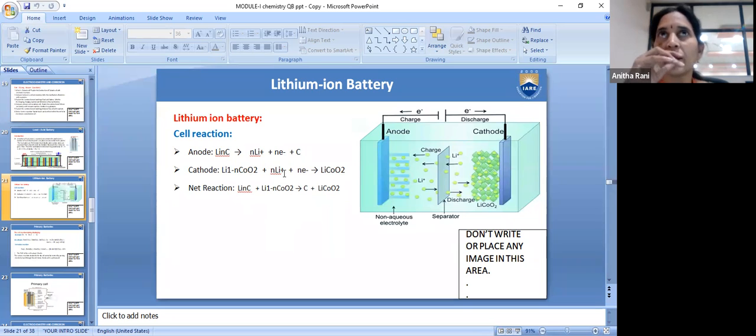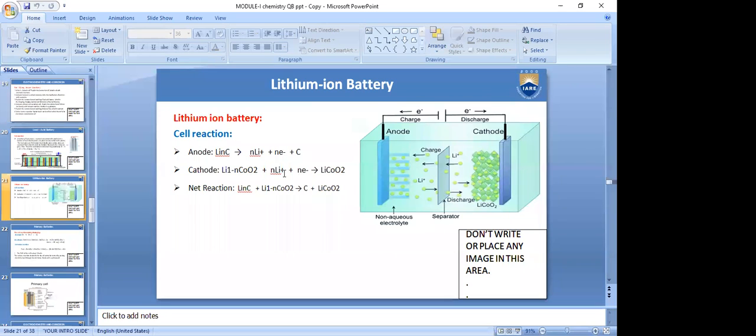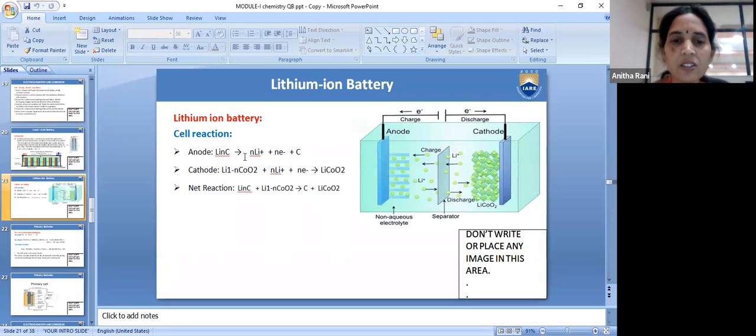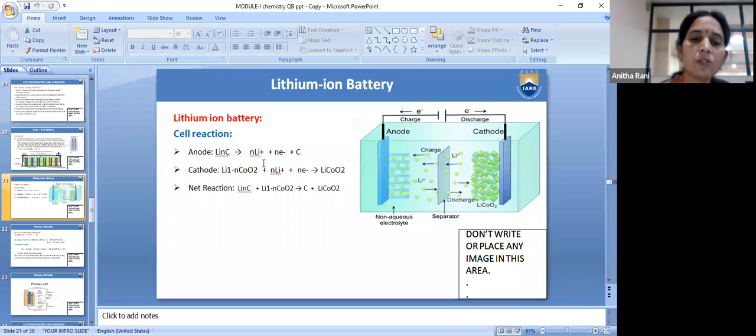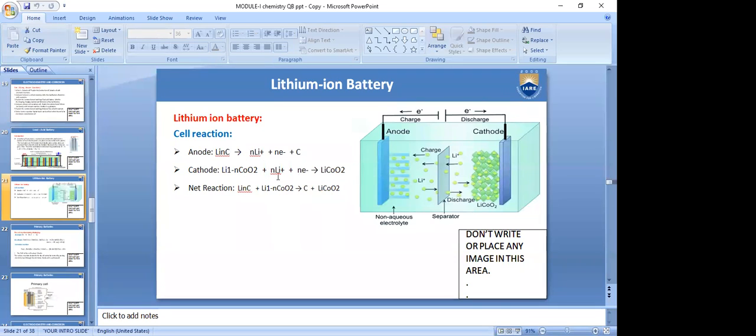Now students, tell me, during the charging reaction, do the lithium ions flow from anode to cathode or cathode to anode? Cathode to anode. During discharging, the lithium ion moves from anode to cathode.